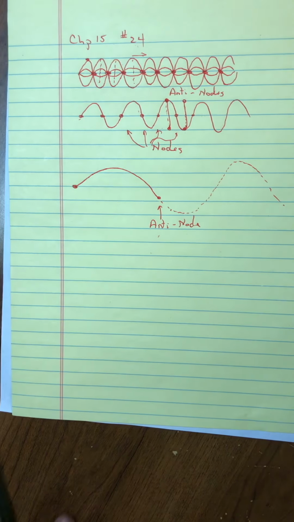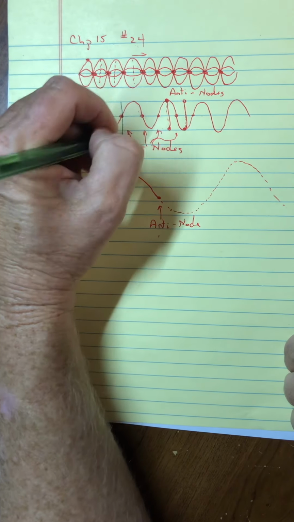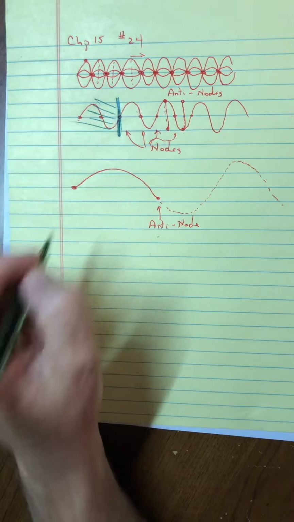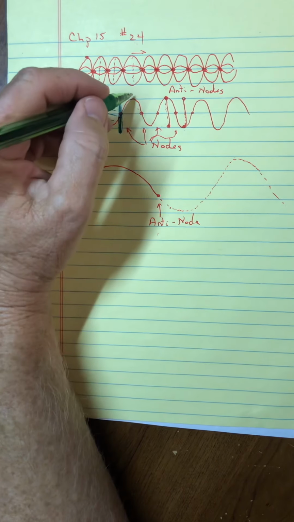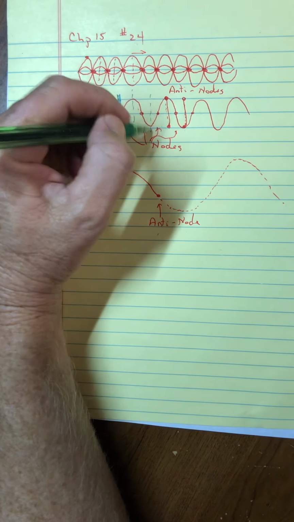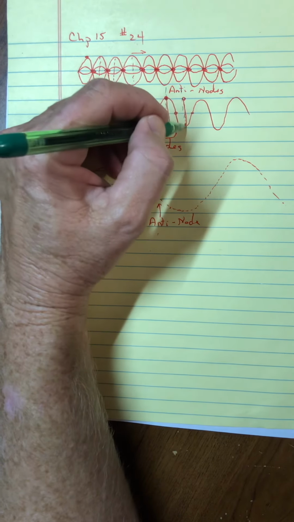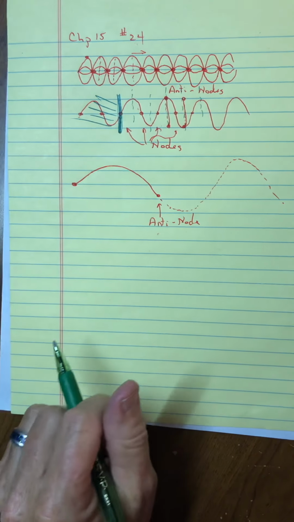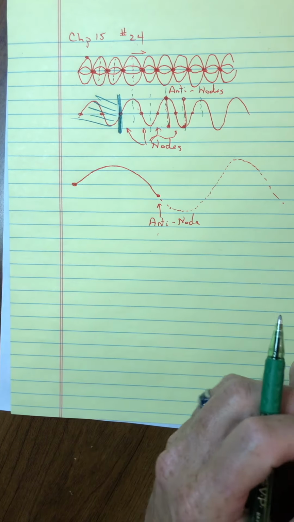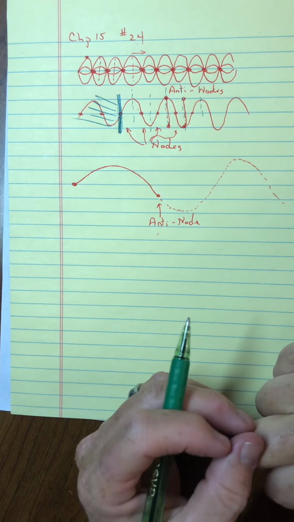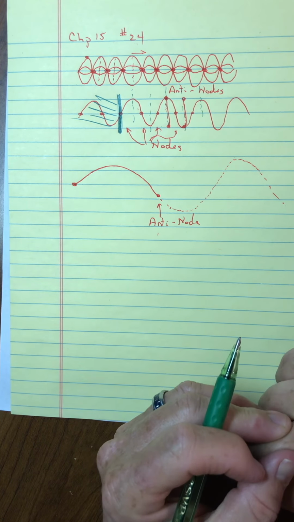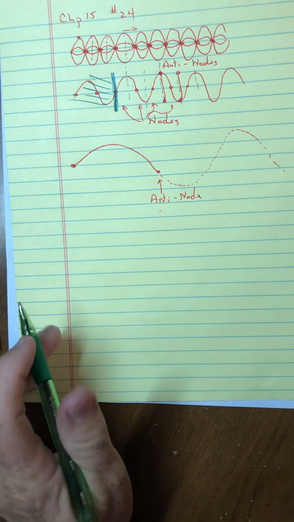So maybe it looks something like this. Maybe I'd say, okay, this has to be the wall here. This has to be the node. And then the antinode could be here, could be here, could be here. A lot of different possibilities. It says what possible wavelengths will be produced.